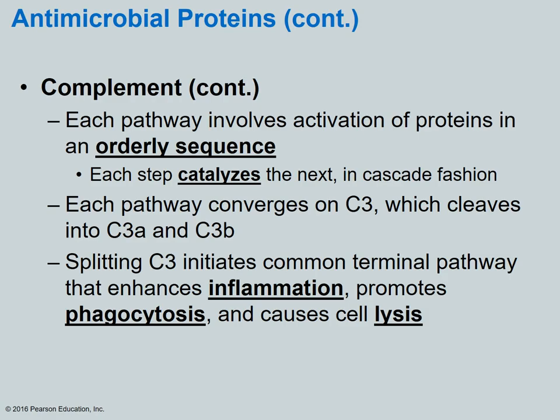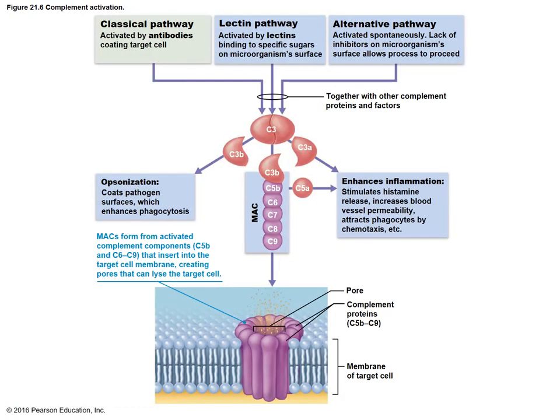If you have a block in any step, nothing beyond that is going to happen. What happens ultimately, regardless of which pathway it goes down, is that eventually it's going to enhance that inflammatory response. It's going to help promote phagocytosis and ultimately lead to the lysis of that foreign substance.